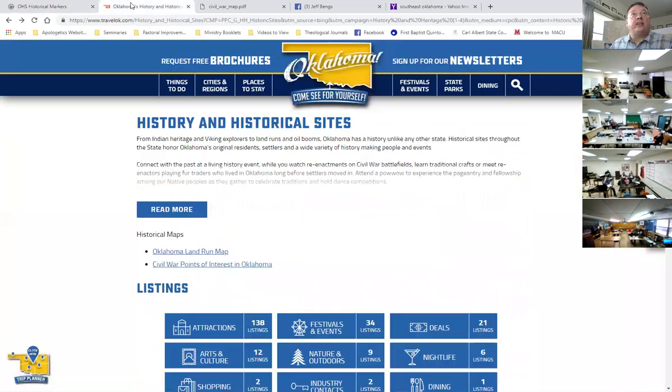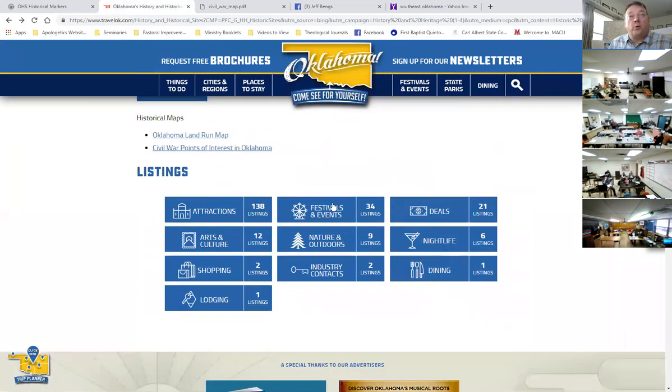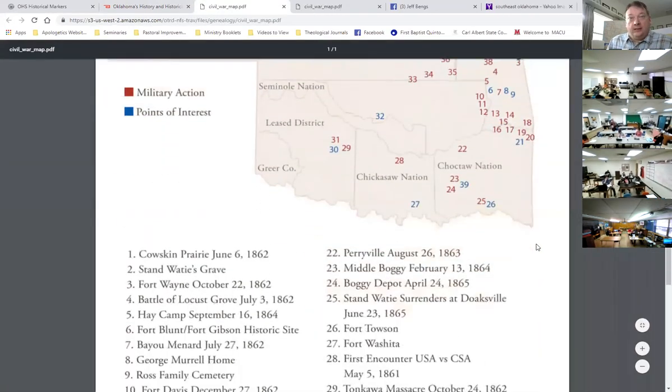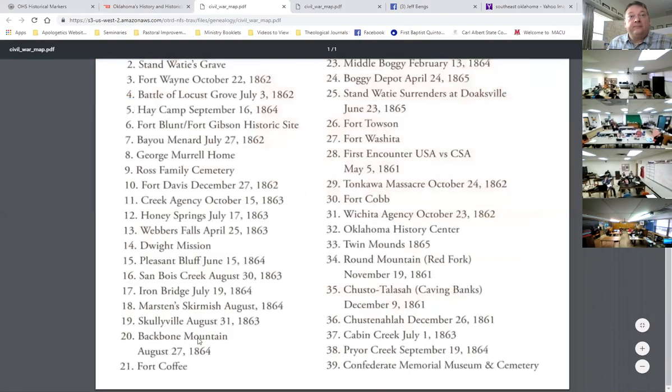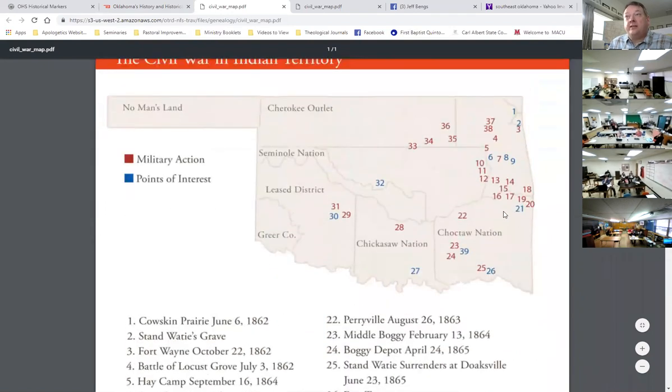So there's another website, travelok.com, and they have a site of historical places of interest, Civil War points of interest. And so I know like Backbone Mountain, Scullyville, Fort Coffee, these are areas in present-day LeFlore County.